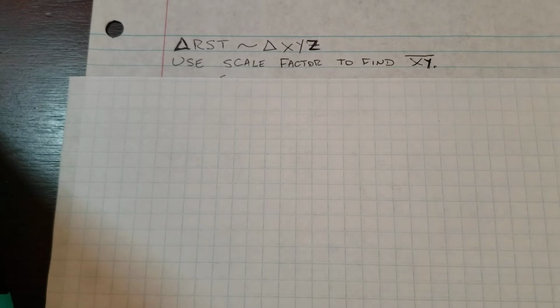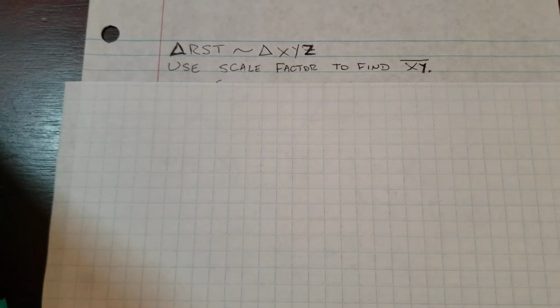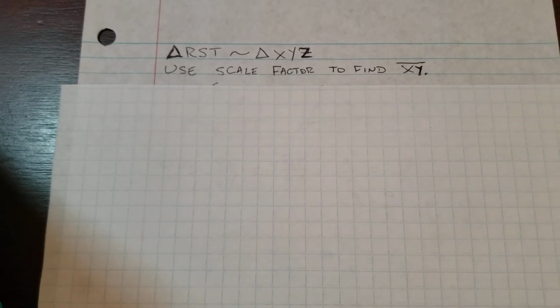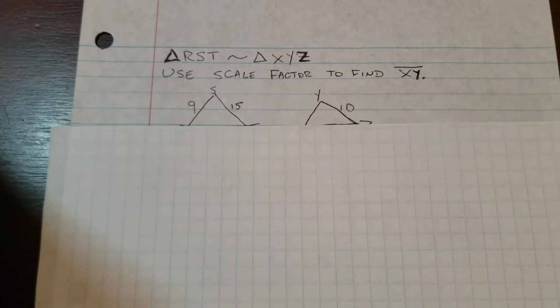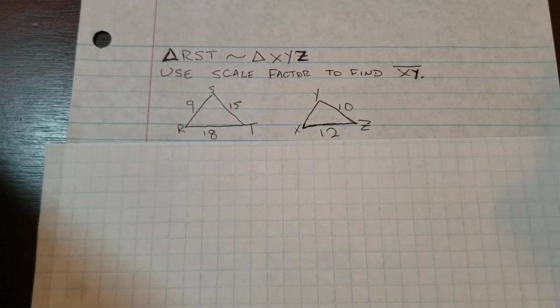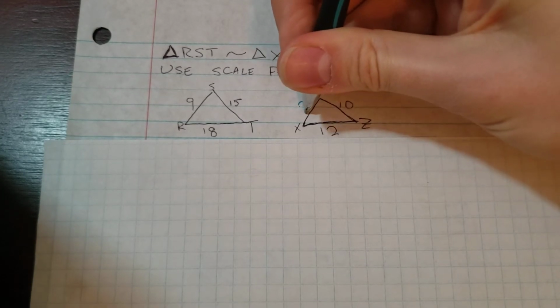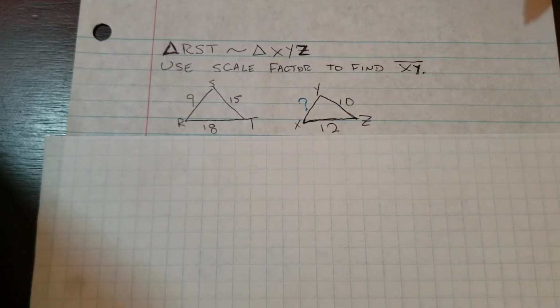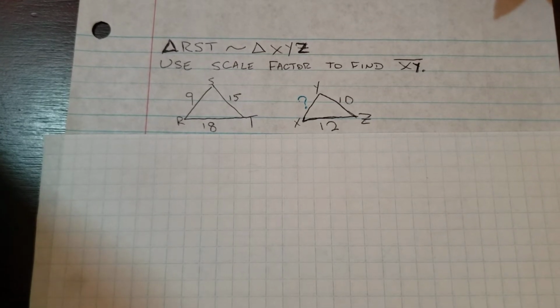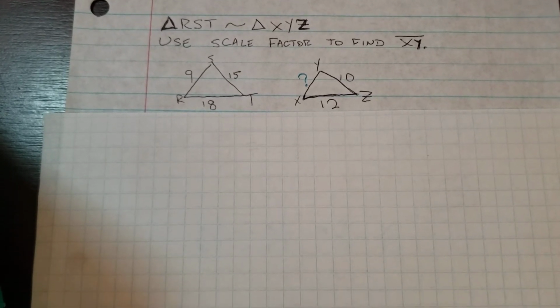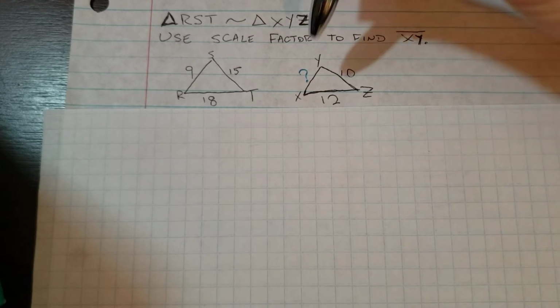That's that similar ratio, and we're going to find our missing length. So in this case, this is a length, and I'm just going to put a question mark here rather than a variable, because I don't want to confuse you guys. This is what we're trying to find.